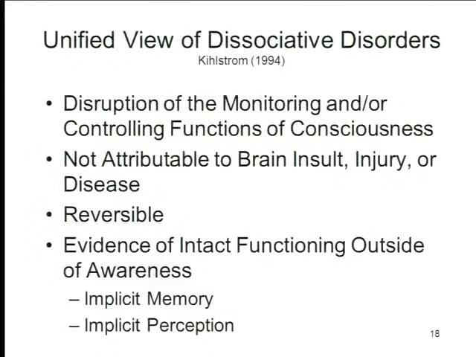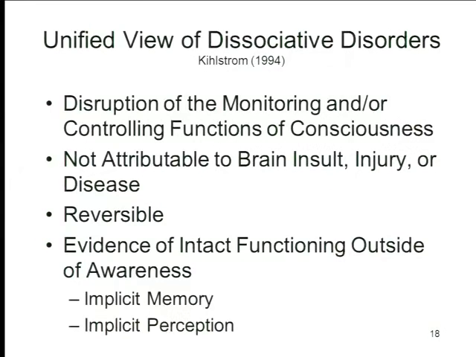So in fact, what we see here is kind of how to unify both the dissociative disorders and the conversion disorders under a single rubric of dissociation. In each of these cases, we see disruptions to either the monitoring or the controlling functions of consciousness. Subjects aren't able to consciously remember things they ought to be able to remember.